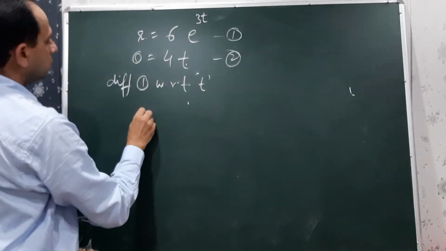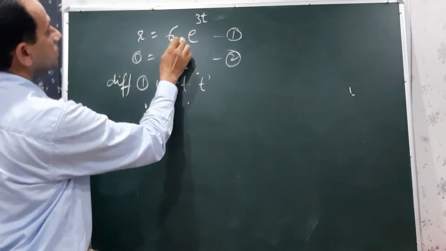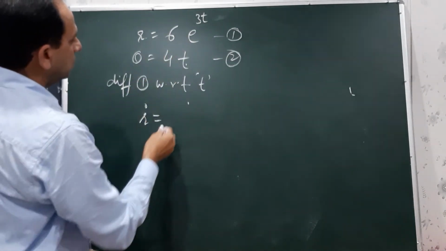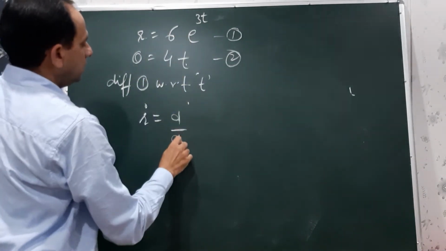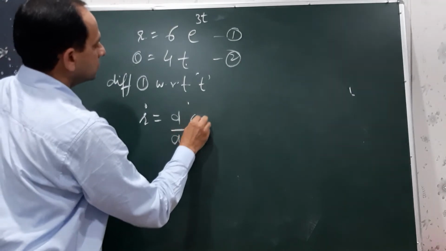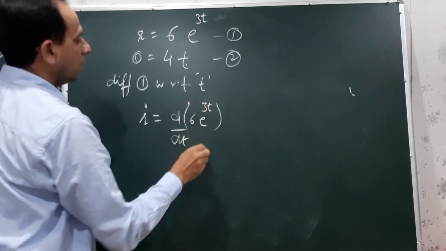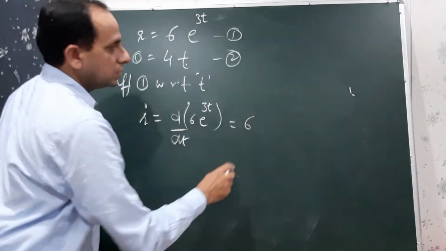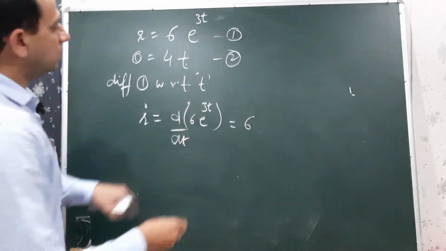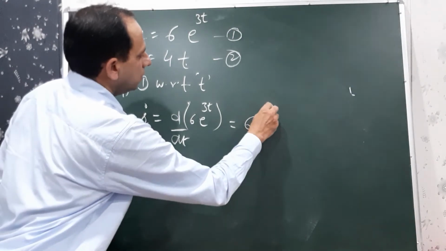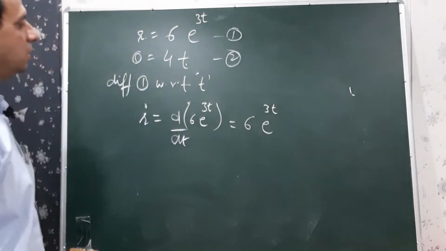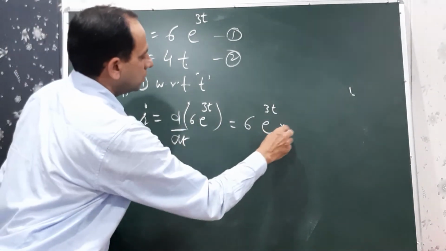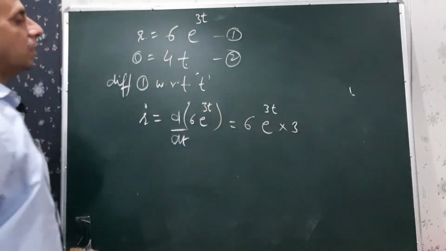We will get r dot, and the derivative is d dt of 6 into e raised to power 3t. So, we know 6, and the derivative of e power 3t is again e power 3t, because the derivative of e power theta is the same, and into 3 from the 3t.